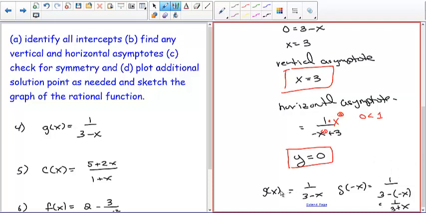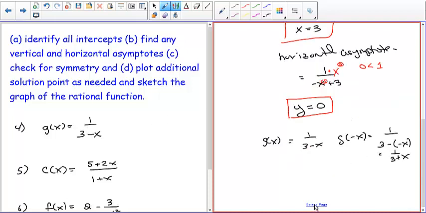So g of x is not equal to negative g of negative x. So it doesn't really have symmetry around anything except around the vertical asymptote. So that doesn't really have symmetry.